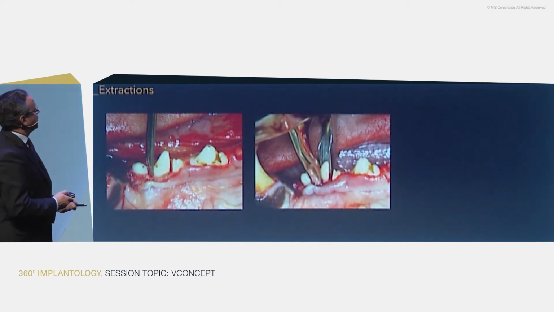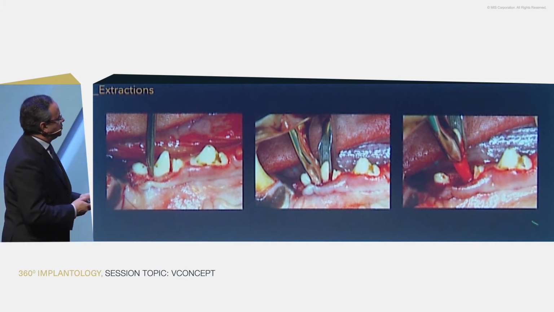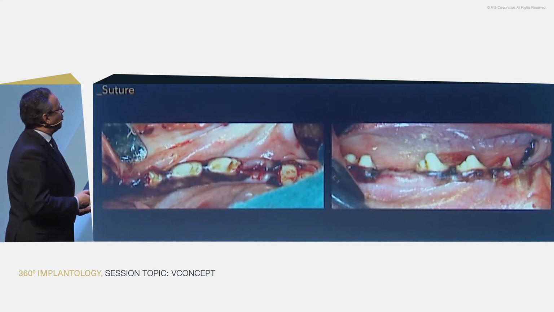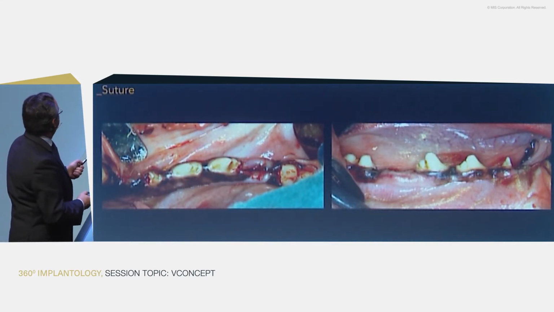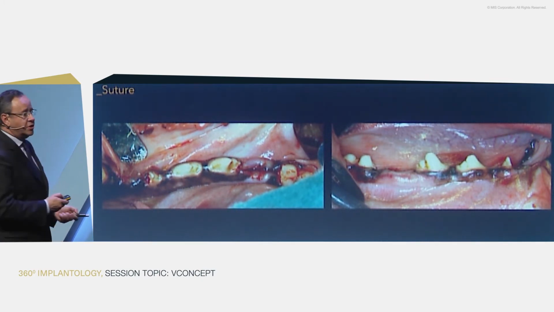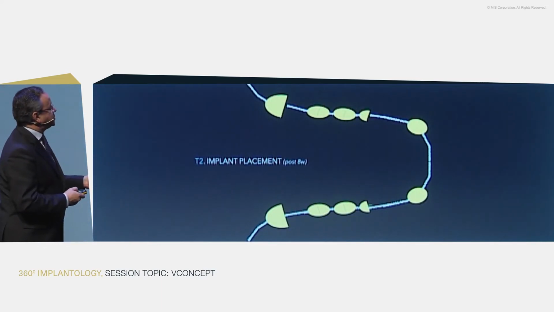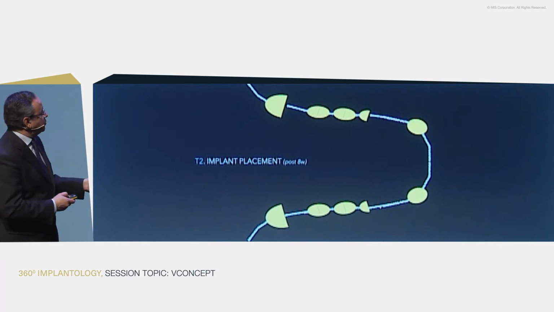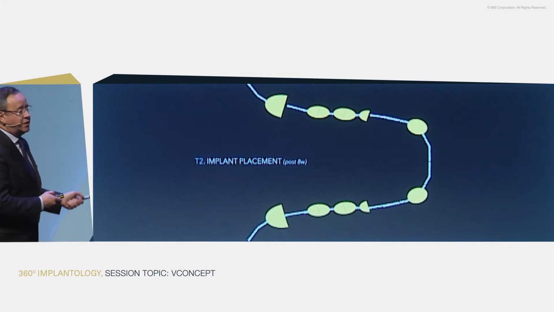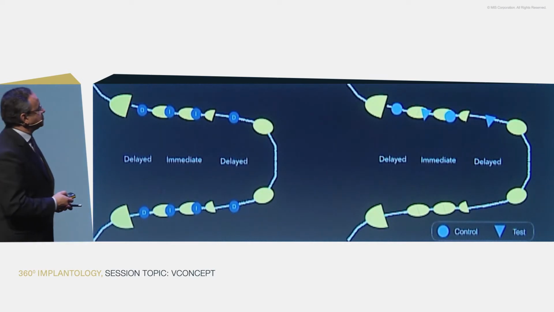We extracted these portions, and as you can see, we left the distal cusp of P2, and therefore we have one distal edentulous ridge and one mesial edentulous ridge. This is the situation after we waited 8 weeks, and at 8 weeks we had healing reached, both mesially and distally, and we have teeth that we are now going to extract and place implants immediately.